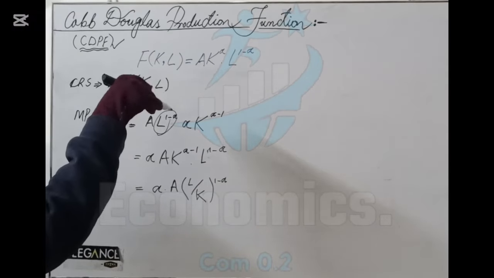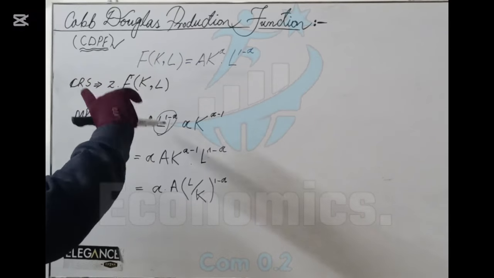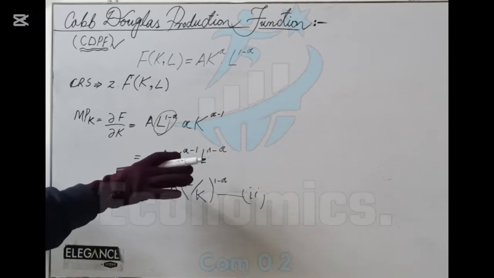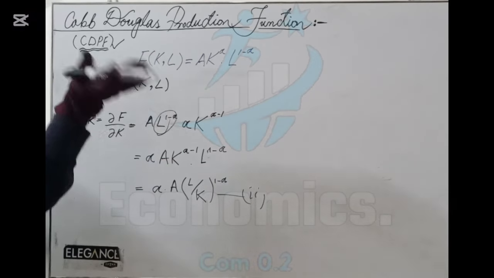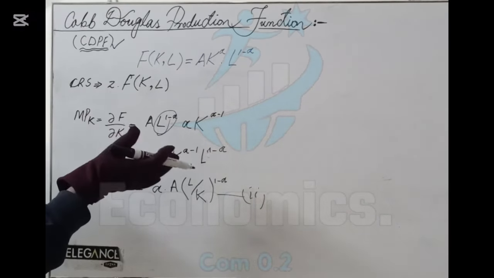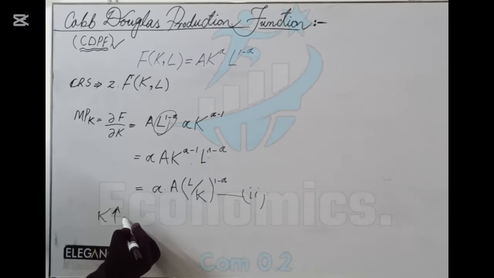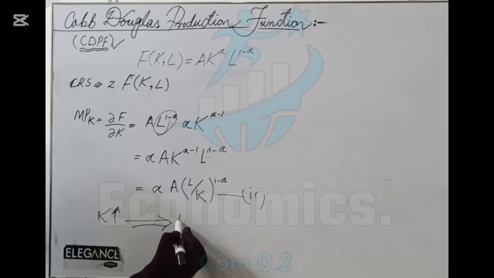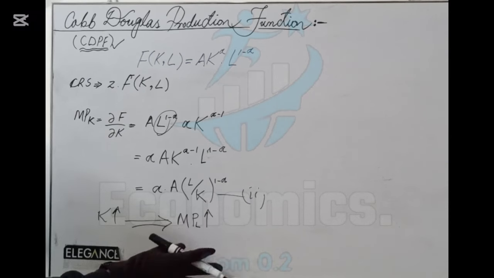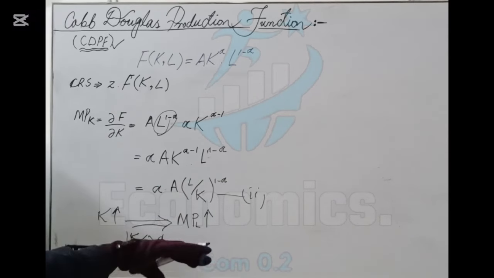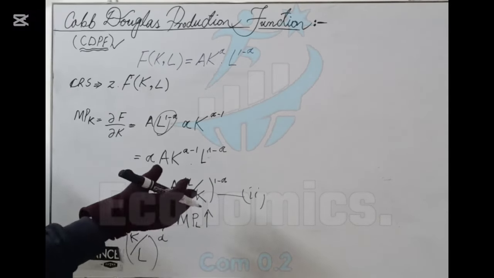What I want you to notice, looking at these two expressions, is that the marginal productivity of labor increases as we give more capital. K increasing leads to a higher marginal productivity of labor, because in expression 1 the ratio of K over L raised to the power alpha goes up if K goes up.